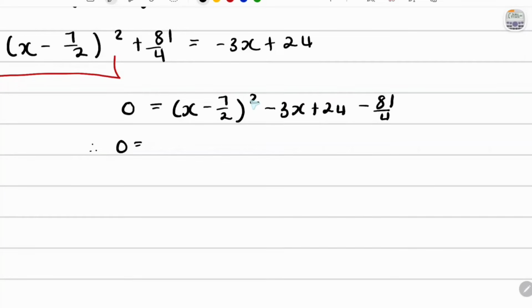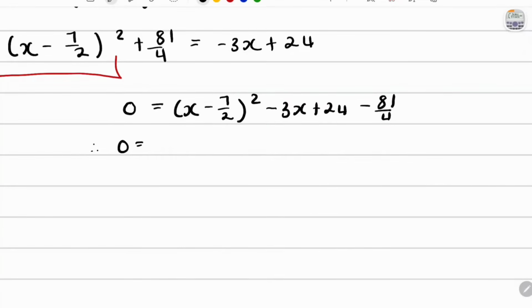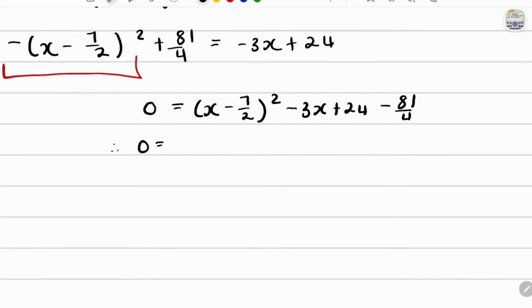0 is equal to... you see that you have a binomial squared. You can create two brackets and distribute, but that will take too long. You can do it this way. Square the first term, that is x squared. Square the last term, which becomes a positive because it's negative here. 7 squared is 49, 4 squared is 4. Then first term multiplied by second term gives you negative 7 over 2x.